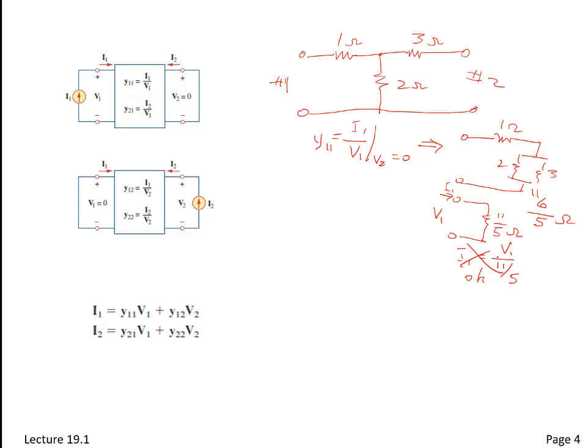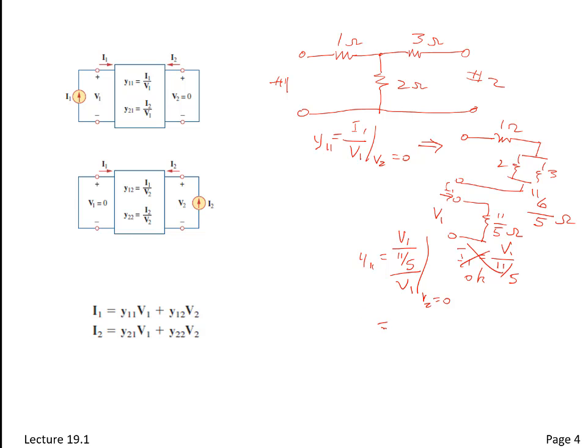But now we want to find y11, which is the current I1, V1 over 11/5, divided by V1. This is all at V2 equals 0.